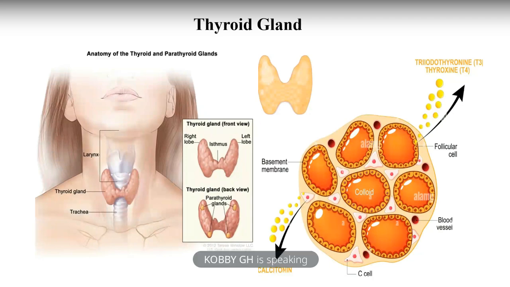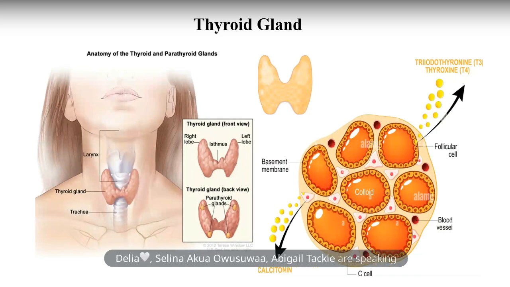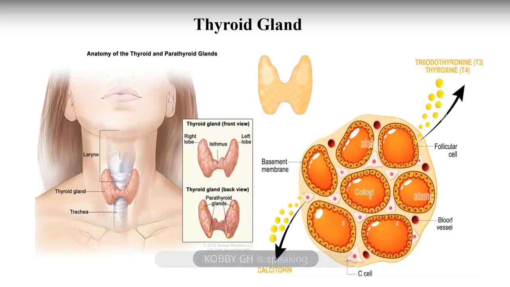I just want a simple answer. Metabolism. Regulate metabolic rate. Simple as that. What's the function of parafollicular cells? They lower blood calcium level. Simple as that.